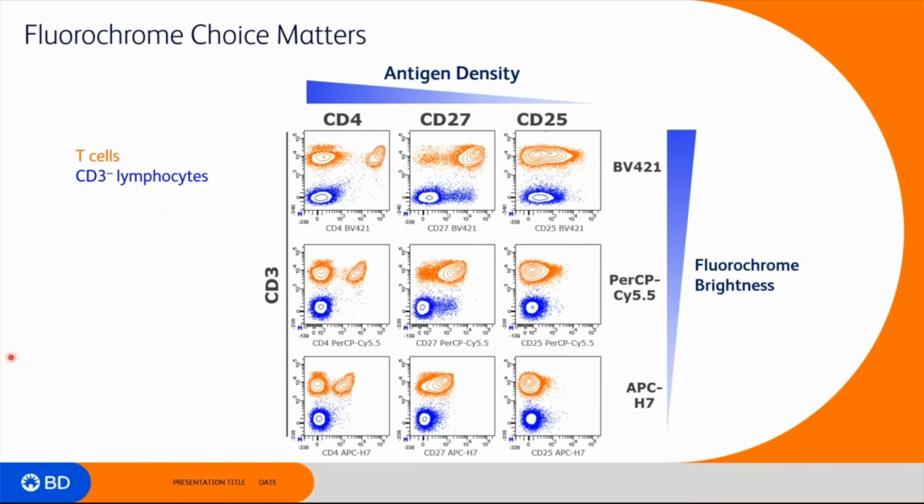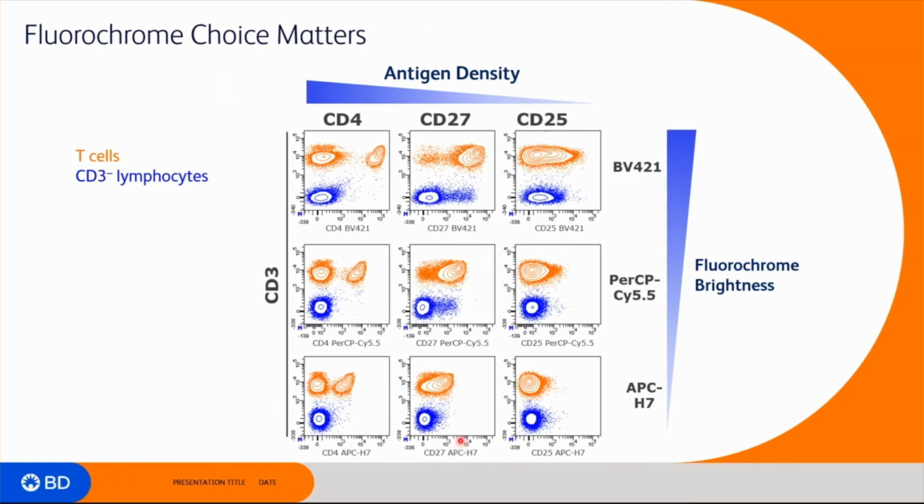But let's move to the second column, where we look at CD27, which has a moderate antigen density. And we are interested in gating on the double positive population. We can see that there is no real double positive population when we pair CD27 with a dim fluorochrome like APC-H7.